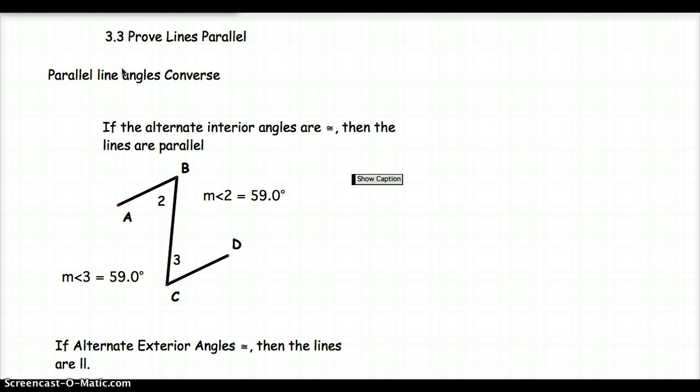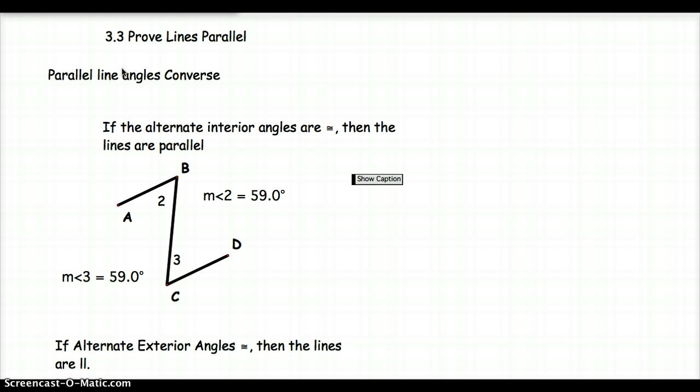And then in 3.2, we actually applied them, and we added some theorems that basically said that if you have a transversal cutting through two parallel, keyword parallel, lines, then your alternate interior angles are congruent, your alternate exterior angles are congruent, your consecutive angles add up to 180 degrees, your same side exterior angles are supplementary, and your corresponding angles are congruent. So we talked about parallel lines with transversals creating those angle congruencies or supplementary characteristics.